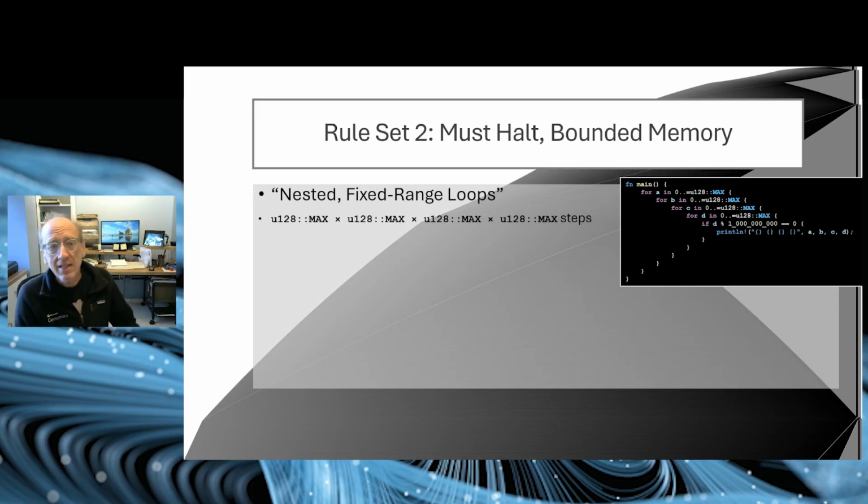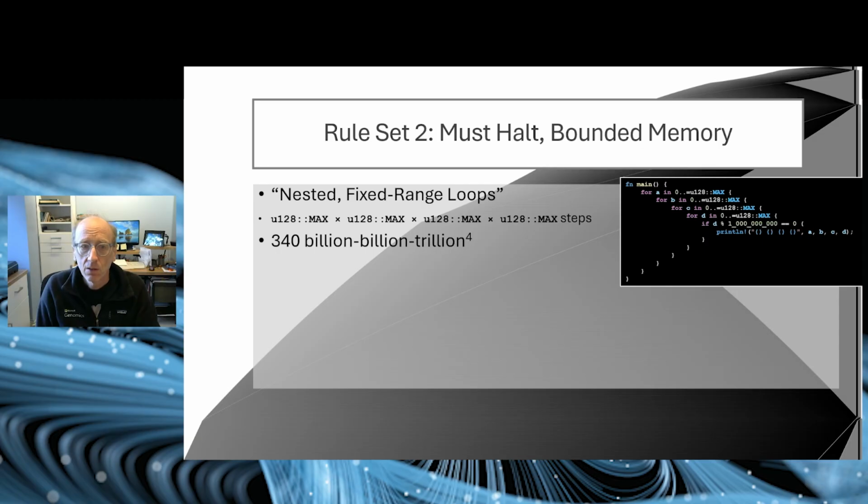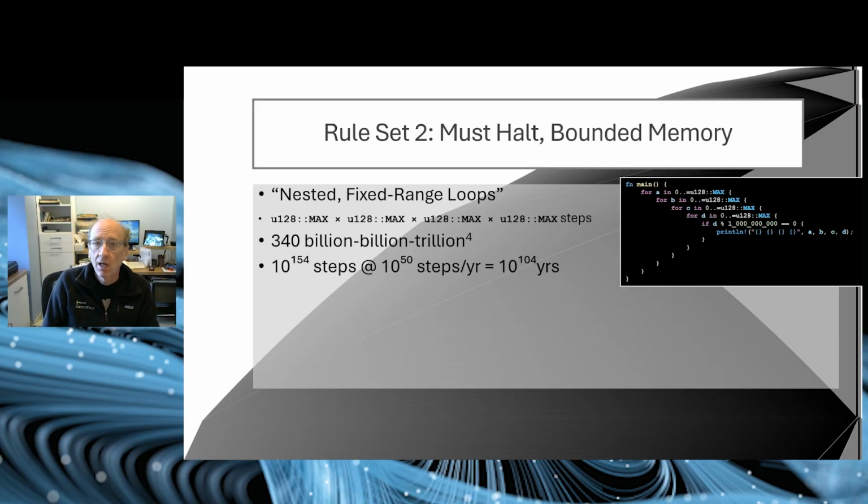So let's analyze this. If we want to know how often we run the inner loop there, it's about the maximum 128-bit integer times that max, times that max, times that max, which is 340 billion billion trillion to the 4th power, which is 10 to the 154 steps.